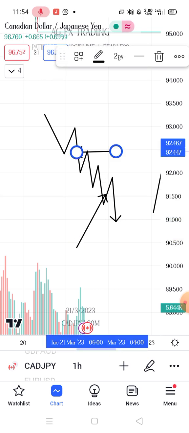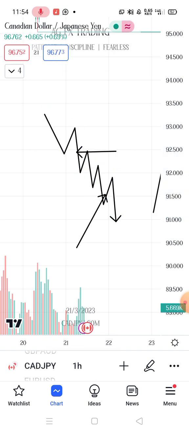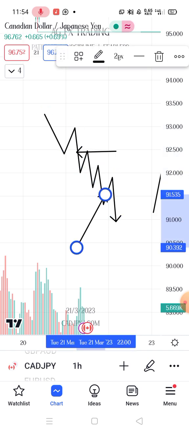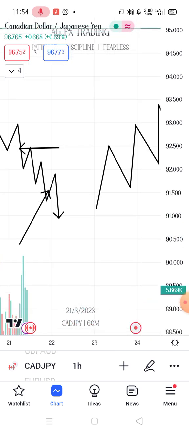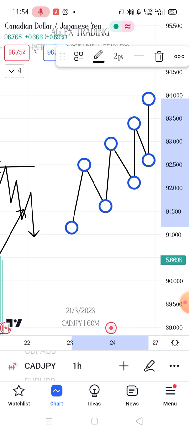The impulsive move is always longer than this corrective move. So this is a downtrend and this one here is an uptrend.